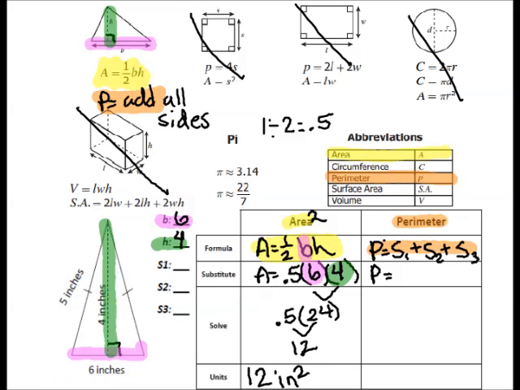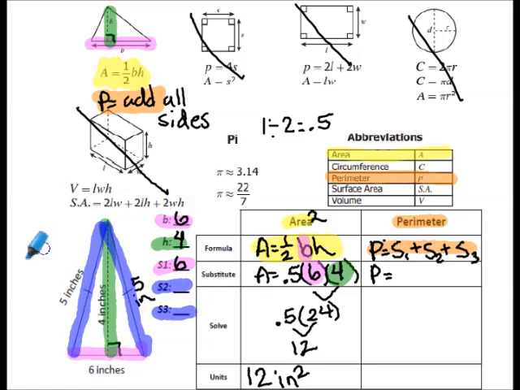Side 1 would be this one base that is one of the sides, or if I put a string all the way around, the string would be touching that side. And here we see 2 congruent marks, so this is an isosceles triangle, and we see that it's 5 inches on each of the other sides. So side 2 is 5, but side 3 is also 5.